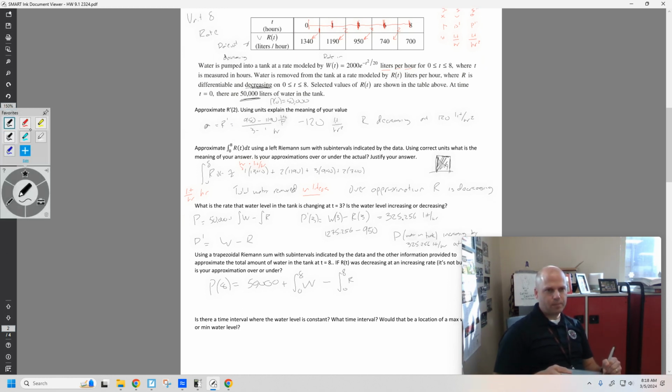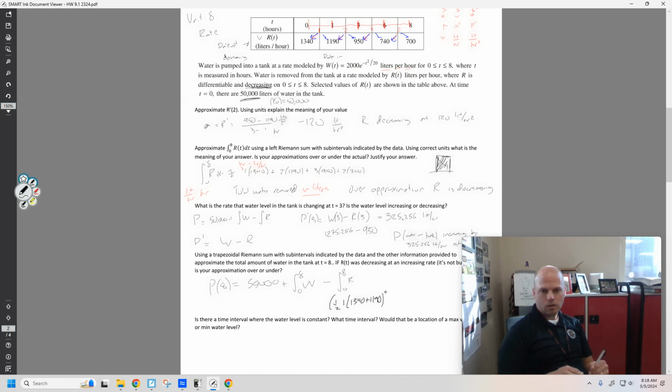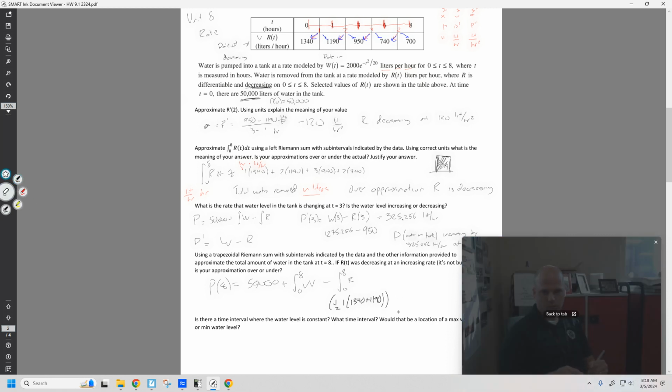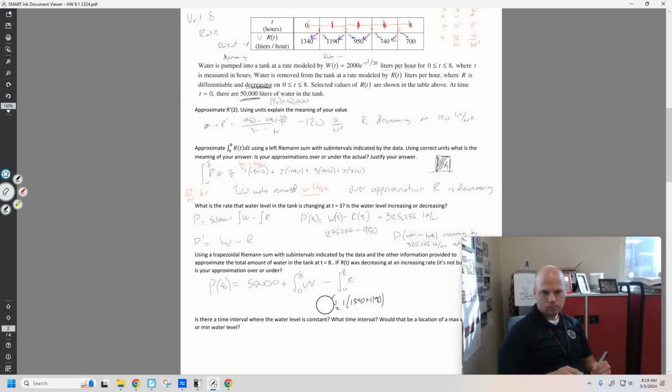Okay, the trapezoidal Riemann sum uses both y values. That one and that one, that one and that one, that one and that one, that one and that one. So let's just write it out and I'll actually do the calculation. 1/2, 1340 plus 1190. Oh gosh, there's too many parentheses. 1/2, 2, 1190, 950.